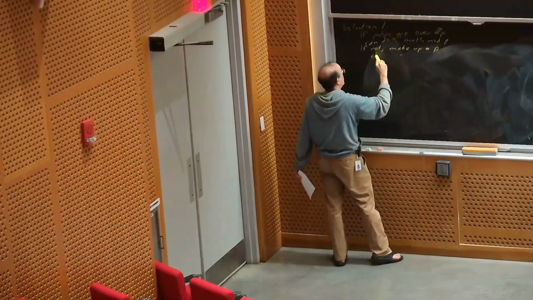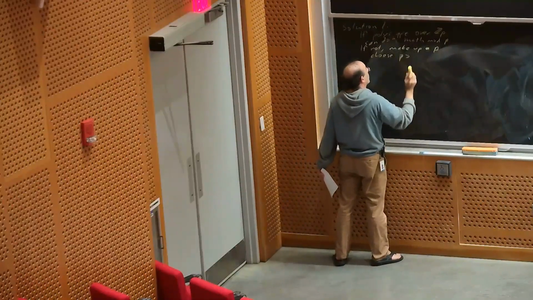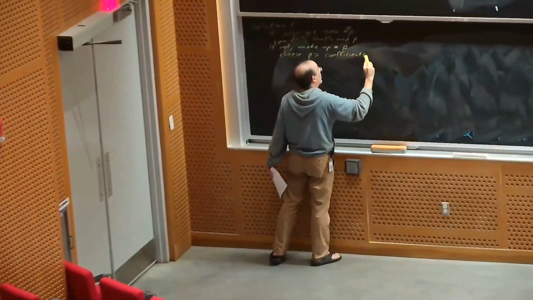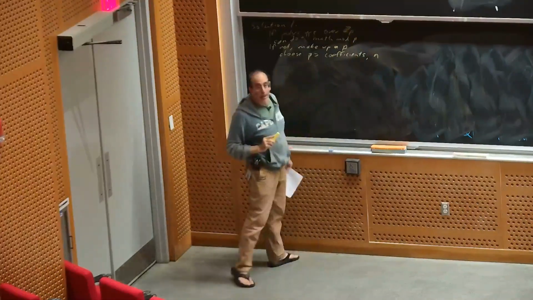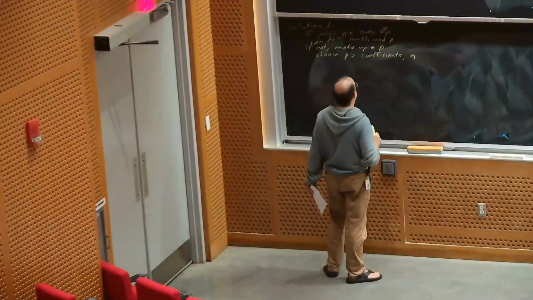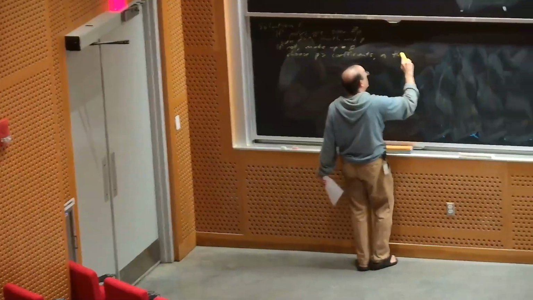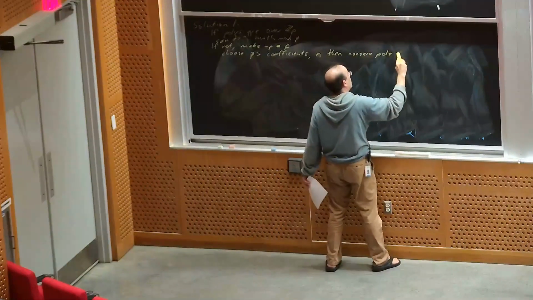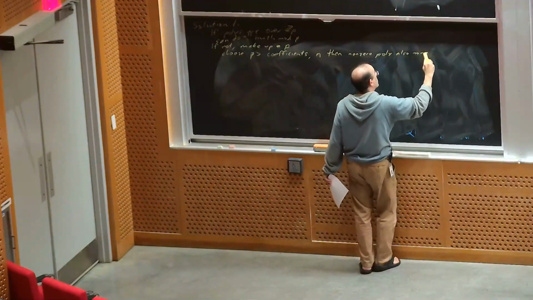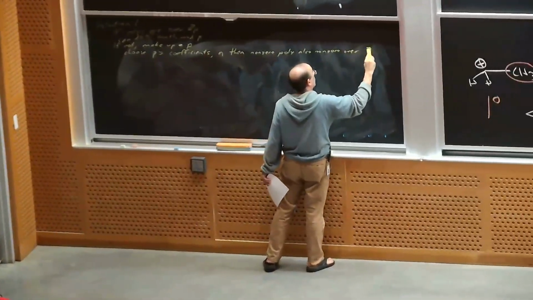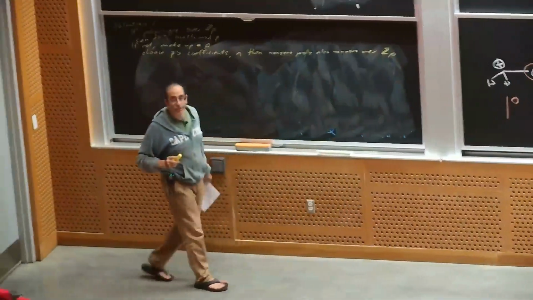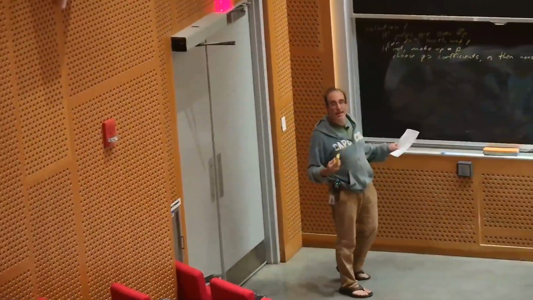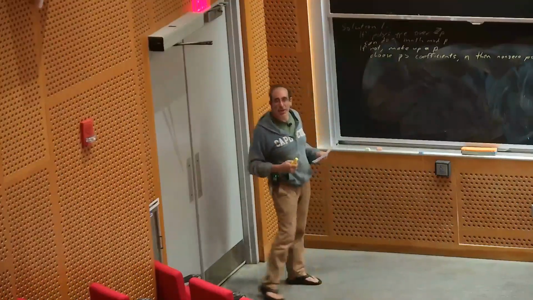If you choose p bigger than all the coefficients and the degree n, I should have used d, then your non-zero polynomial is also a non-zero polynomial over Z_p. Okay. So you can just pretend that you're working over Z_p even if you weren't originally.